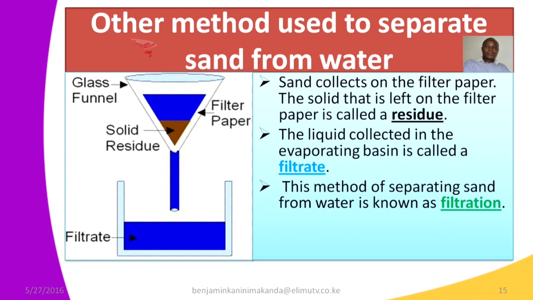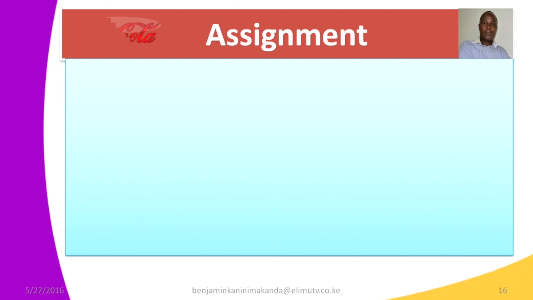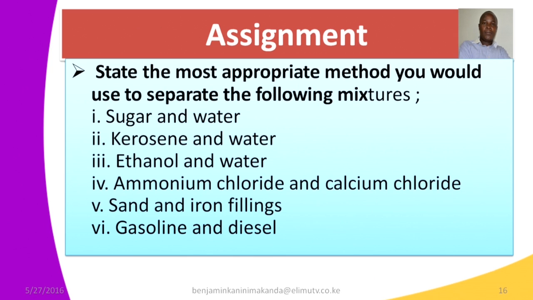On top of what I've just given you as part of your assignment, this is another assignment that you'll attempt for me. State the most appropriate method you would use to separate the following mixtures. The first one is sugar and water. When you mix sugar and water, which method are you going to use? Then the other one is kerosene and water, 2.